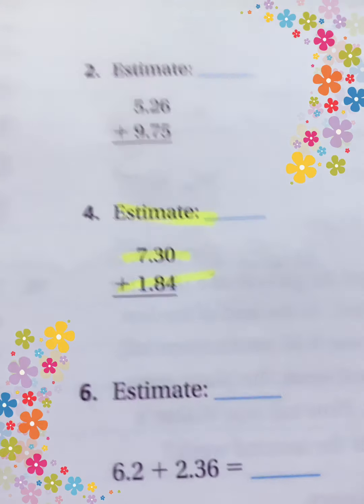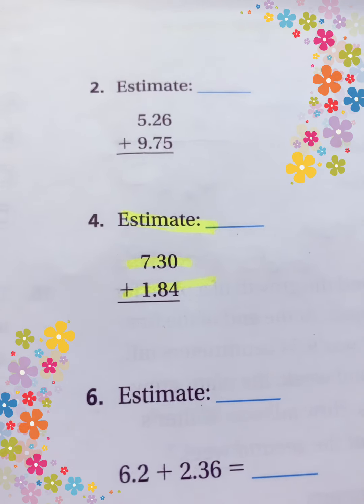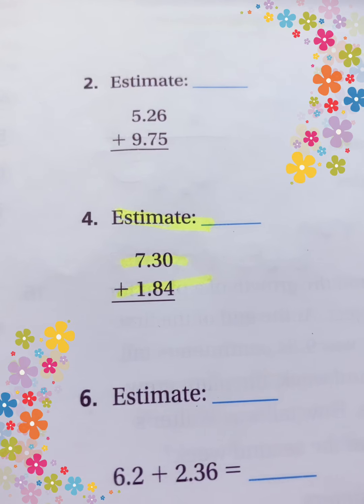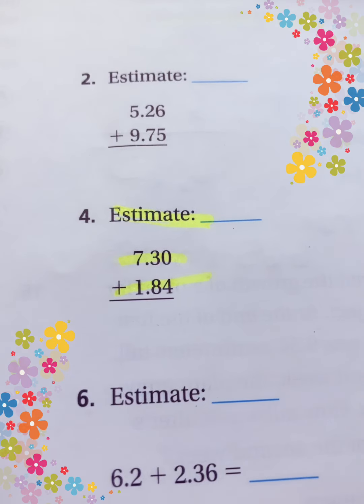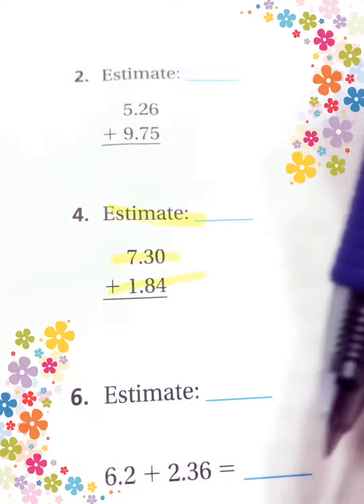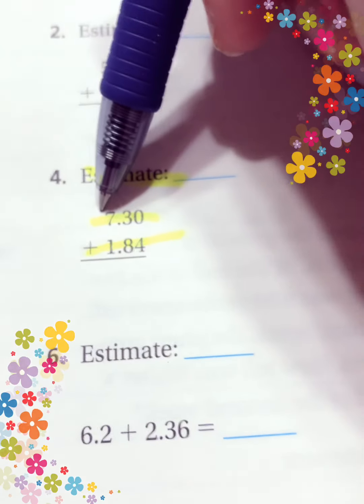All right. So the first thing I'll do today is estimate. In this case, I will be estimating to the whole number. The 3 tells the 7 what to do.